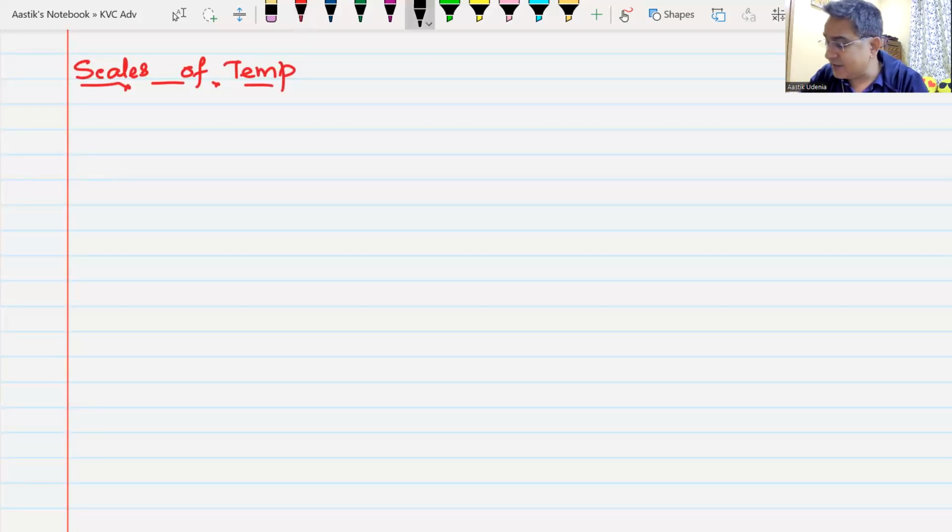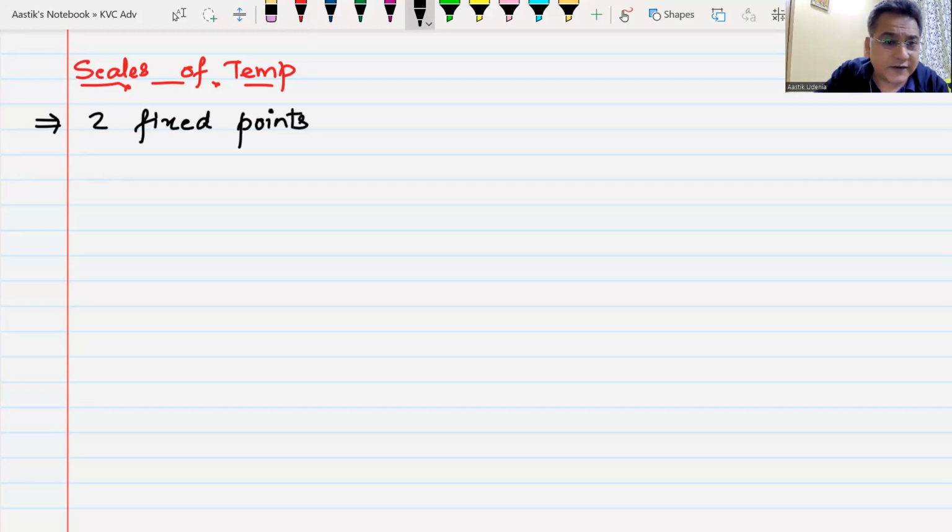Now, every scale of temperature that we normally use has two fixed points. Every scale that we construct has two fixed points.